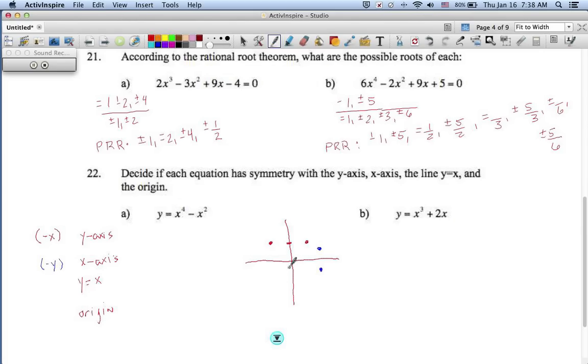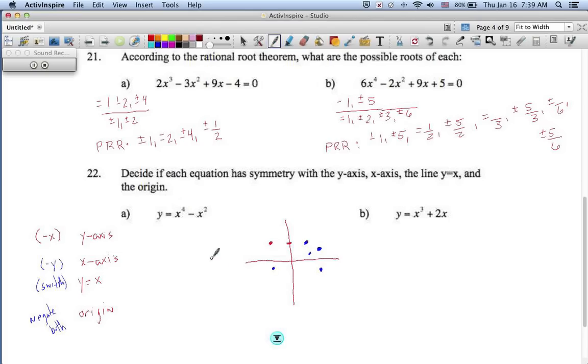If I have symmetry to the line y equals x, that's these 2 points here, which means my x and y switch. And if I have symmetry to the origin, I'm looking at a point here and a point there. So my point, for instance, 3, 1 went to -3, -1, which means I negate both.